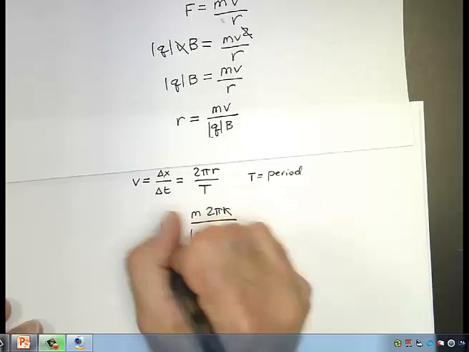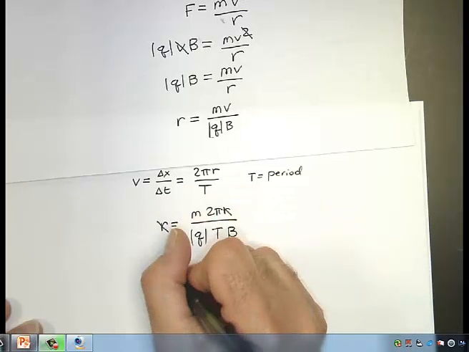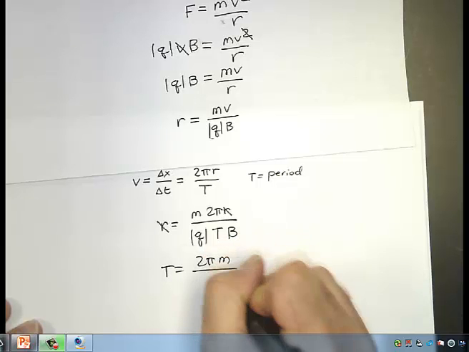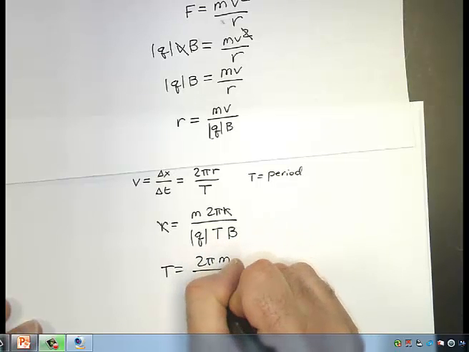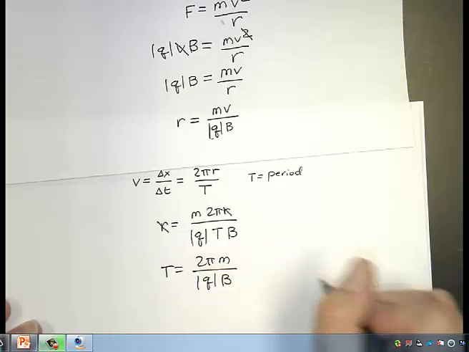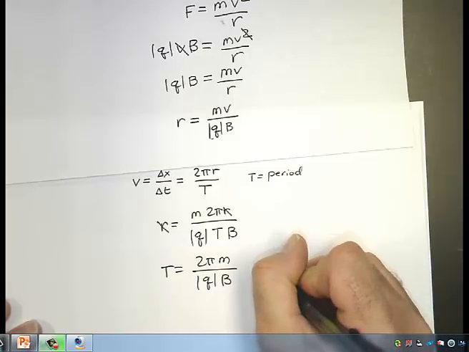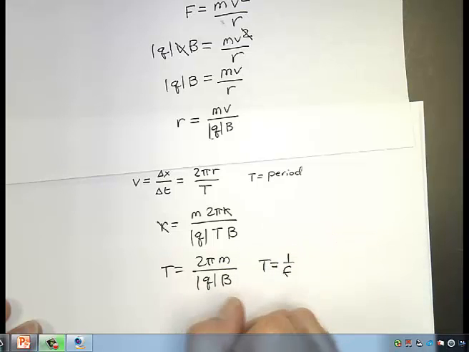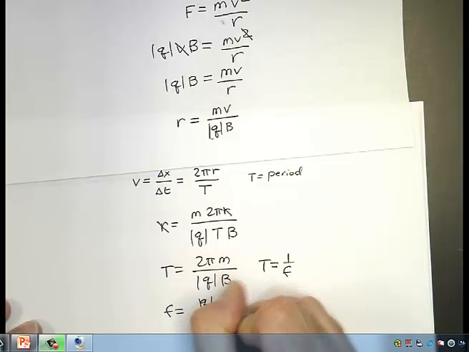Lose our r's here and rearrange, we get the period equals 2 pi m over q times b. Okay, remembering that the period is just 1 over the frequency, or the frequency is 1 over the period. Frequency is, of course, qb over 2 pi m.